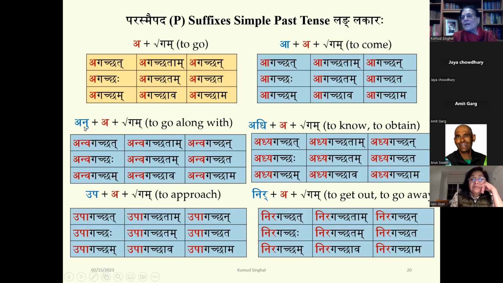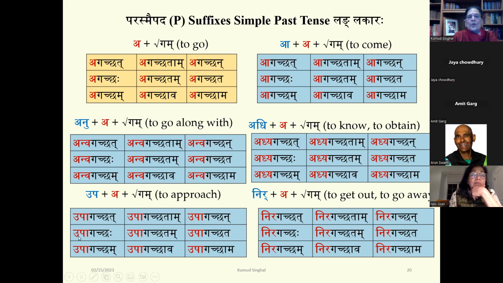So anu means to go along, to follow, to go along with. In a sense, yes, but these roots also have many different meanings. One root could mean a number of things, right? Correct. So in a sense, yes, and in some sense it's also different.